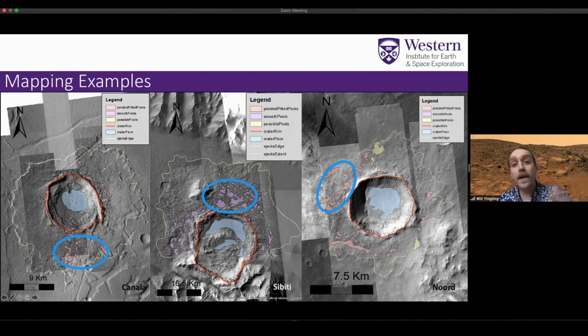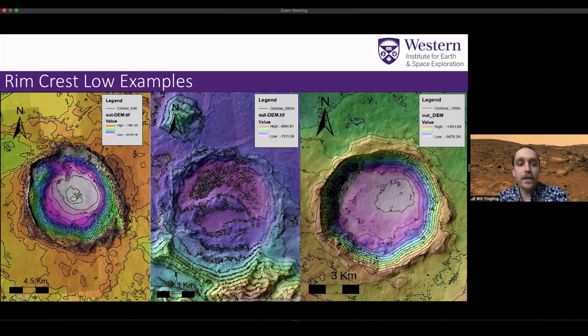And then from there, we can take the next step and make DTMs, and then assess where the rim crest low likely lies. We can do this either visually, or we can use ArcGIS, ArcMap to do a tracing of the crater rim, and that'll tell us exactly what the elevation profile of the rim is at every point.